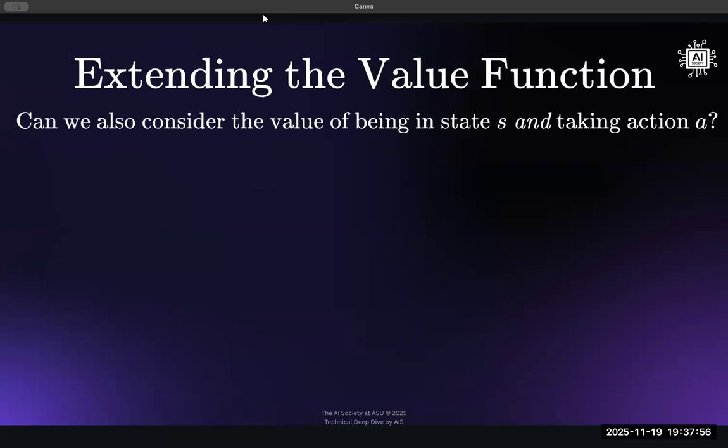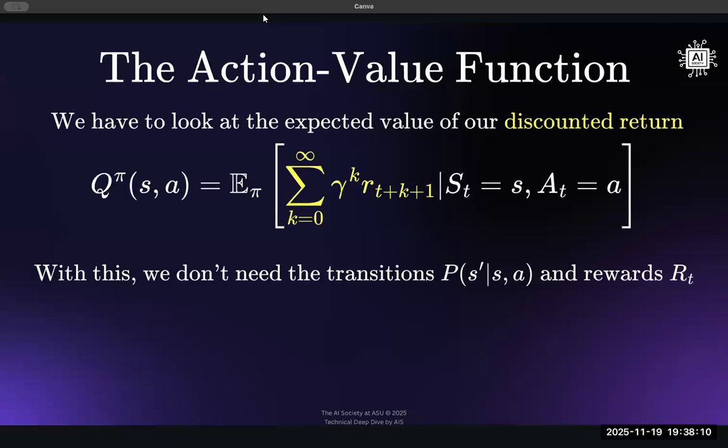And so, we can extend the value function further. The value function currently looks at the expected value of the current state, but we could also take into account the action that we take, given that we're in that state. And that's what the action value function is. It also takes into account the action. It's pretty much the same as the value function.